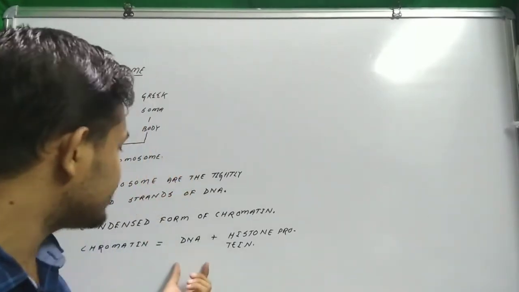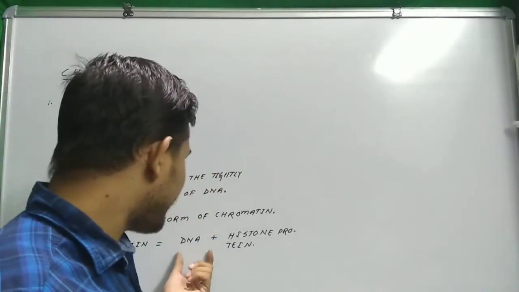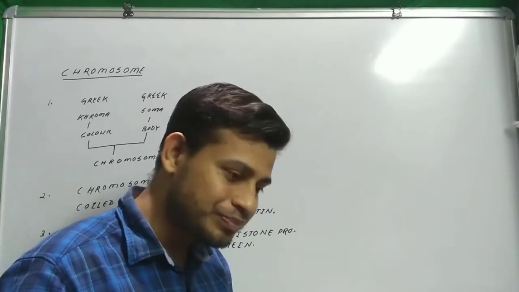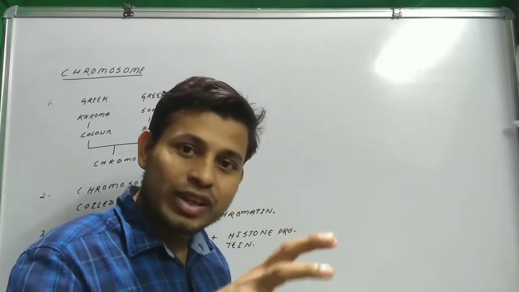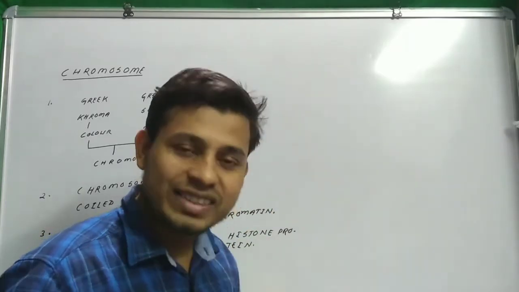So, dear students, DNA is known as deoxyribonucleic acid. It is a polymer of nucleotide, and you can see the nitrogenous base, pentose sugar, and the phosphoric acid.